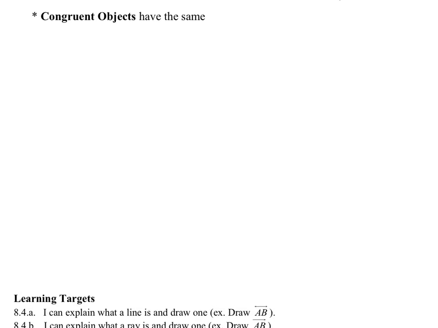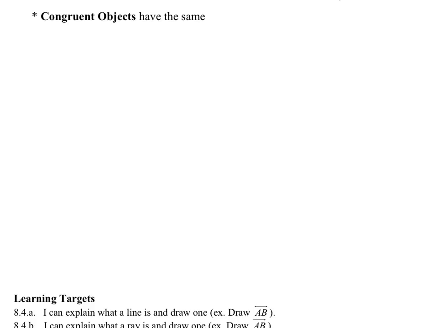So, okay. Congruent objects. If congruent means equal or the same, if we have congruent objects, they have to look exactly the same. And if they're going to look exactly the same, they have to have congruent angles or equal angles and equal or congruent like parts, like corresponding sides.